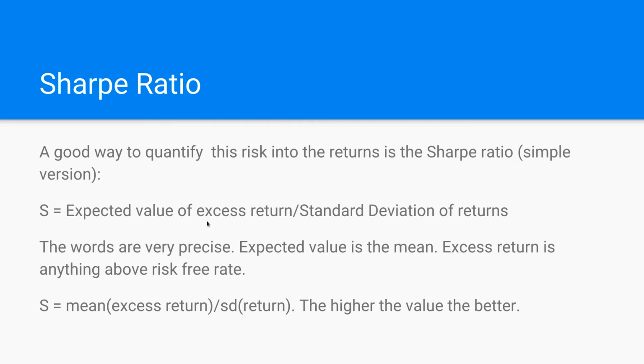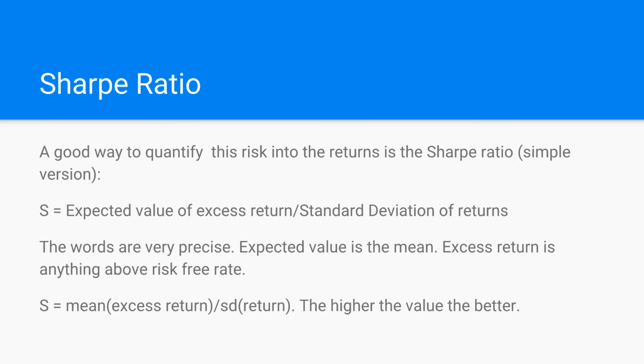The expected value can be written as the mean. So the easier formula is just the mean of the excess returns divided by the standard deviation of returns. And by excess return, I mean the returns in excess of what? In excess of the risk-free rate, because there is such a thing as a risk-free return.